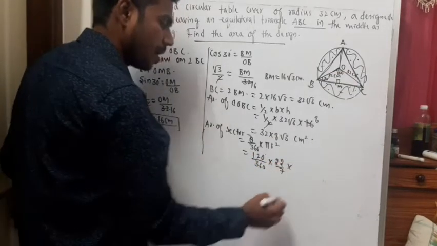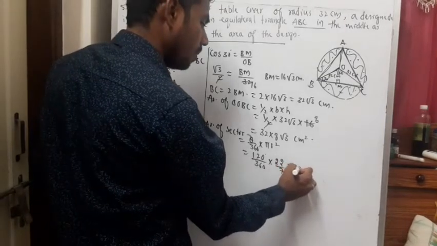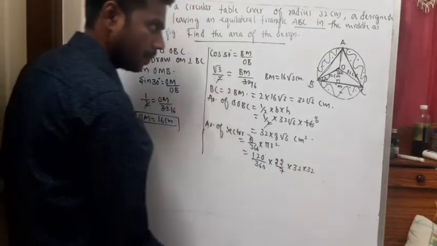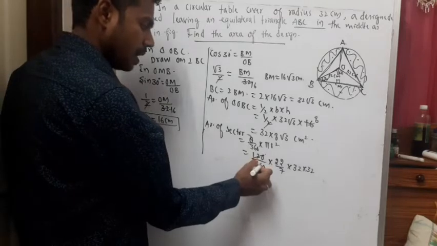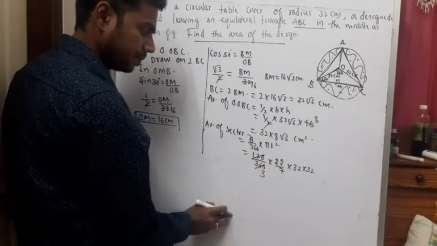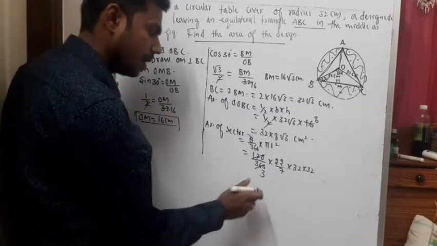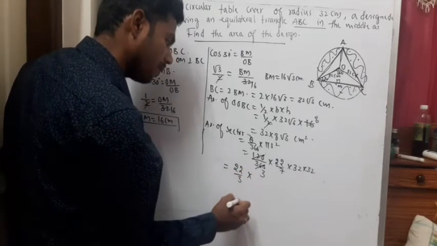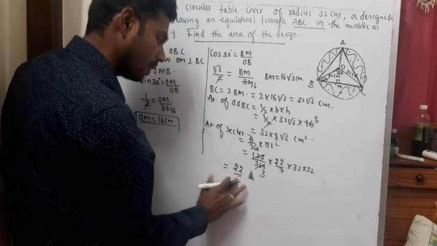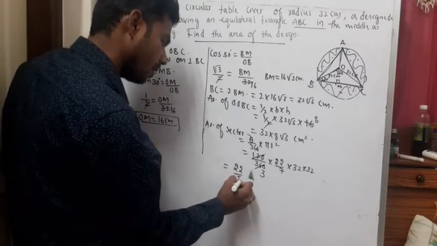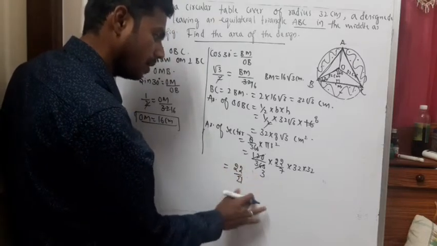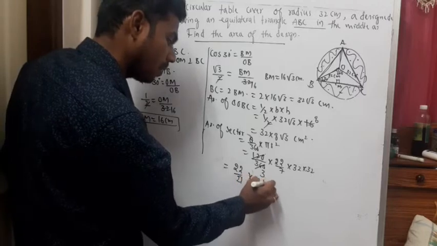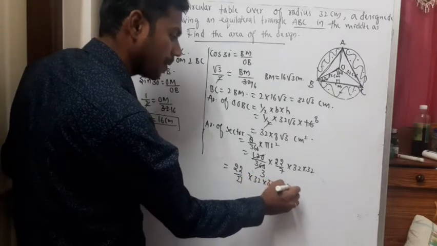R is 32, so 32 into 32. 22 divided by 3 into 7, that is 21. So it is 22 divided by 21 into 32 centimeter square.